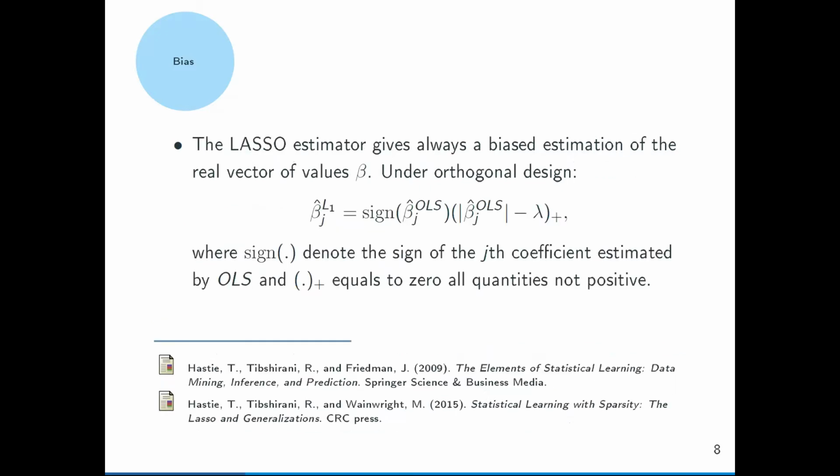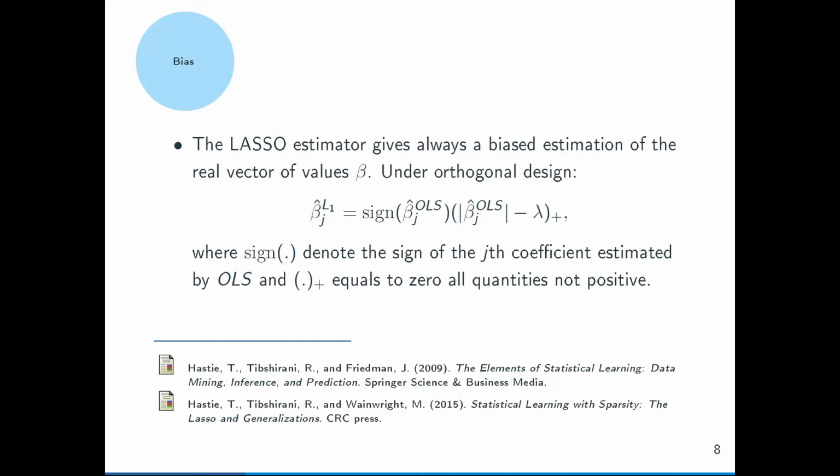Moreover, related to the number of covariates included in the model, the Lasso estimator is always biased. This can be easily explained in the orthogonal design. If we denote here by beta hat OLS the OLS estimator of beta, we can see that this estimator is shrunk by the lambda parameter, in the sense that when the absolute value of the beta OLS estimator is greater than the penalization parameter, we shrink this value by the value of lambda.